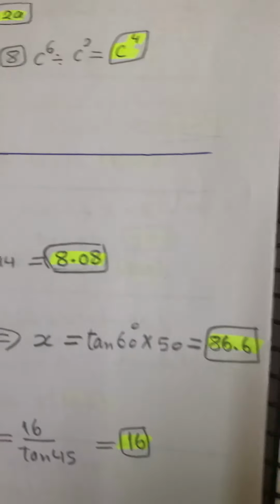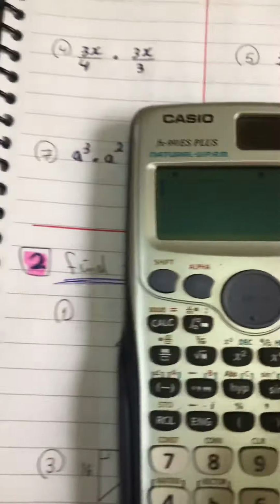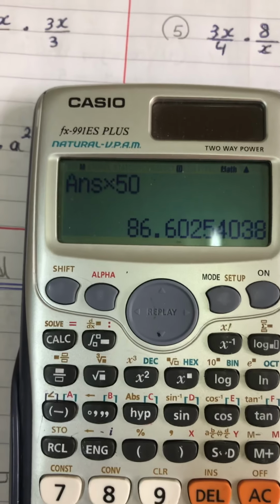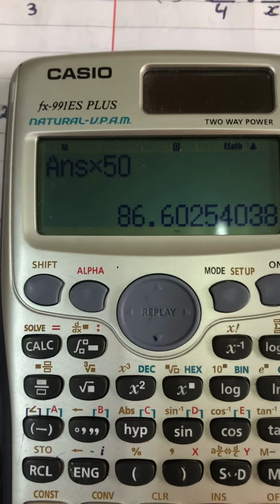Also use your calculator: press tan 60 equals what? Okay, then multiply by the length 50. So it will be 86.6.